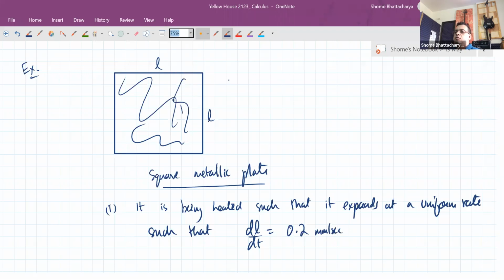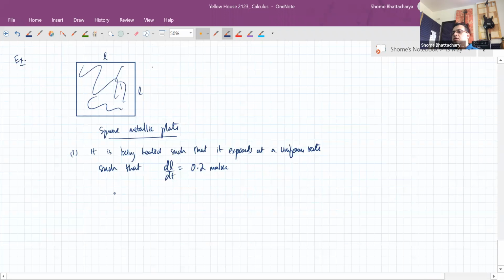Okay. So now let us say at a certain instant, L is equal to 10 centimeters.